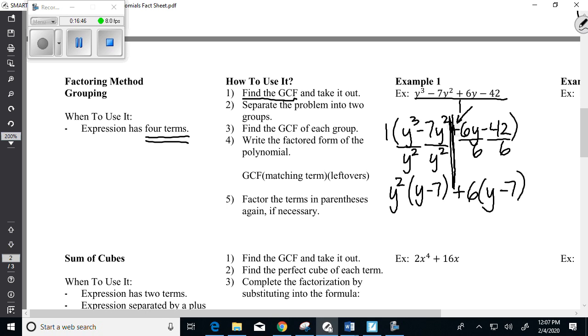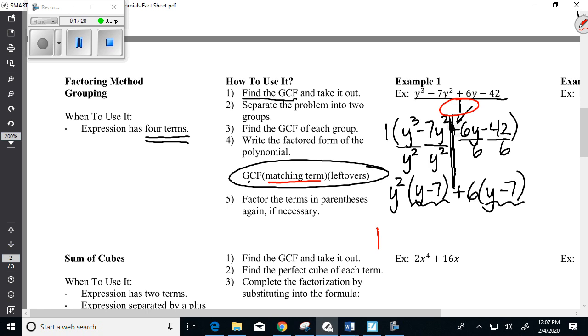Now, I told you the part in the parentheses was important because notice that they are matching. So now we're prepared to write our final answer. Here is the setup for the final answer. GCF, so the GCF when you started was the number 1.